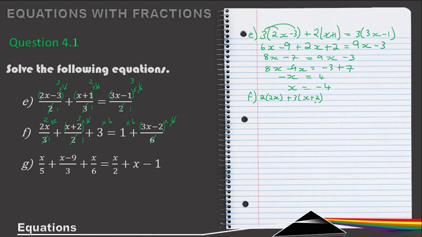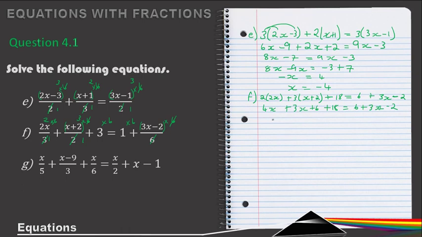And then that's plus 3 times 6 is 18, equal to 1 times 6 is 6, and then plus just that 3x minus 2, because we just have a plus there and this 6 cancelled out. Alright, so this is then 4x plus 3x plus 6 plus 18 equal to 6 plus 3x minus 2.